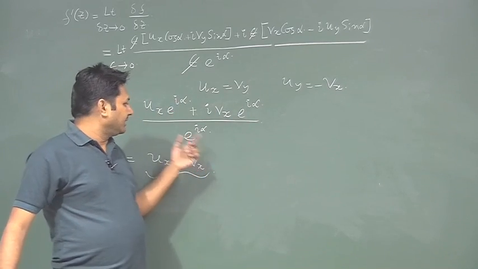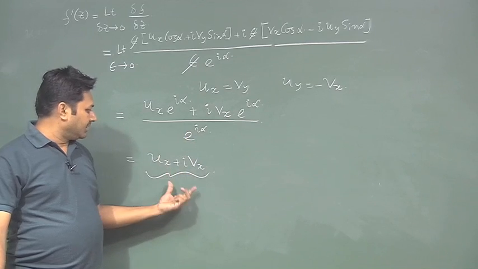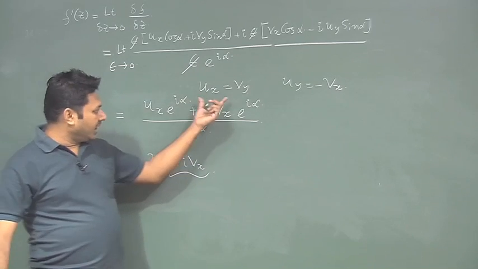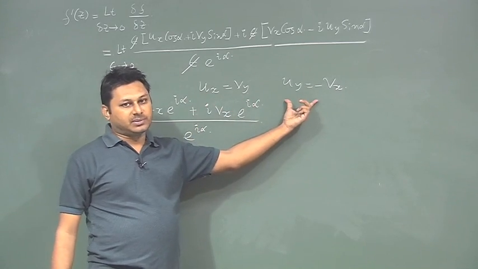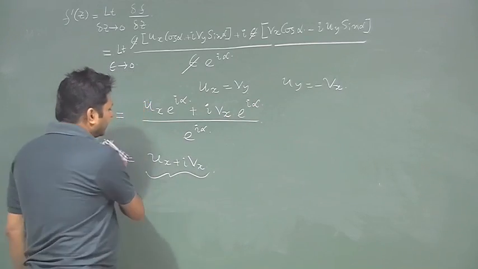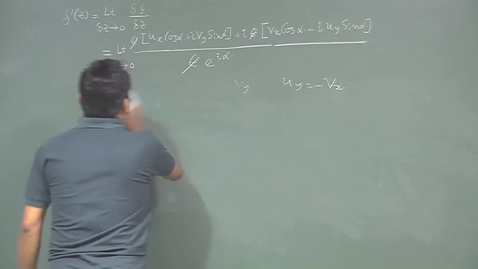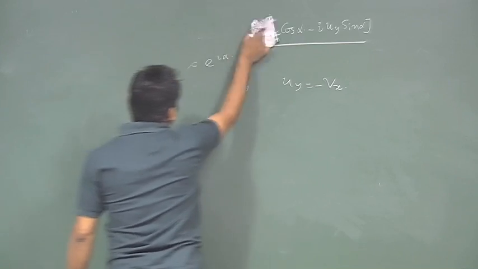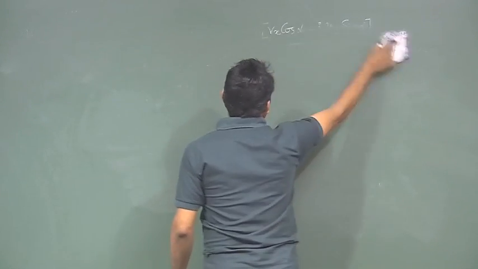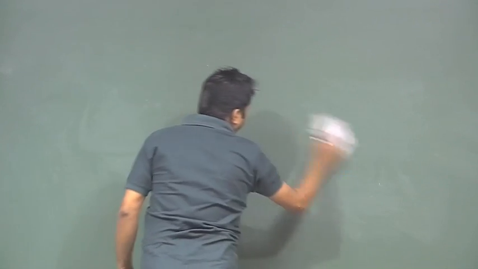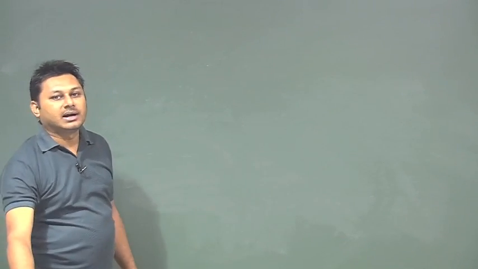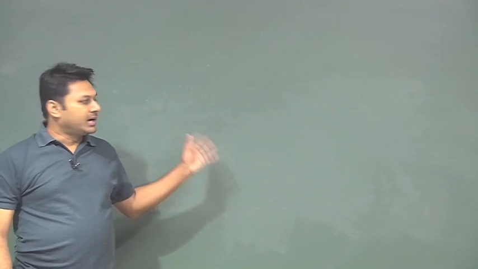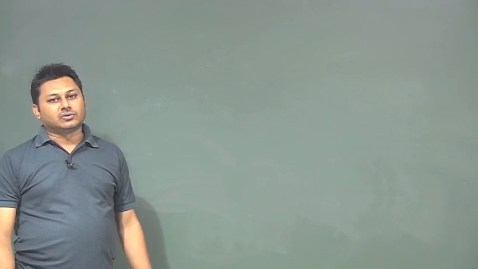Here I find that the result is direction independent when I put the Cauchy-Riemann equation in the expression. So, this proves that the Cauchy-Riemann equation is sufficient. This is another way to cross verify how important the Cauchy-Riemann equation is, and it is sufficient at that point to find out whether the function is analytic or not.